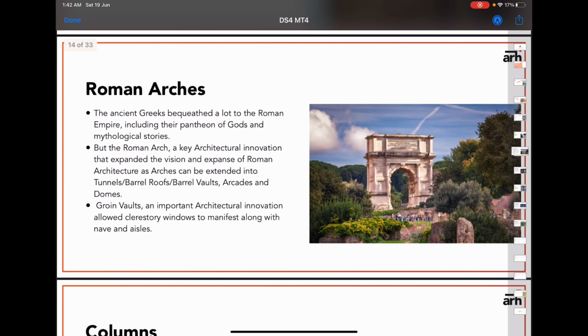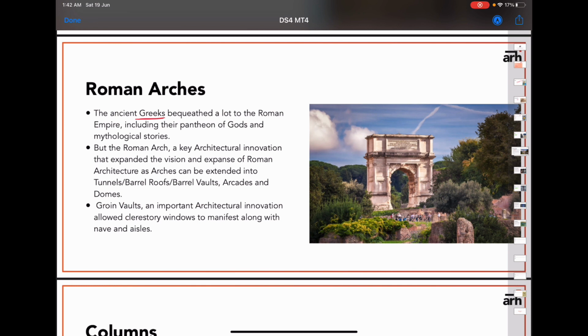Now generally when we talk about Roman architecture, a lot of philosophies and a lot of structural and mythological concepts are inspired from, and you can also say borrowed from Greek architecture.